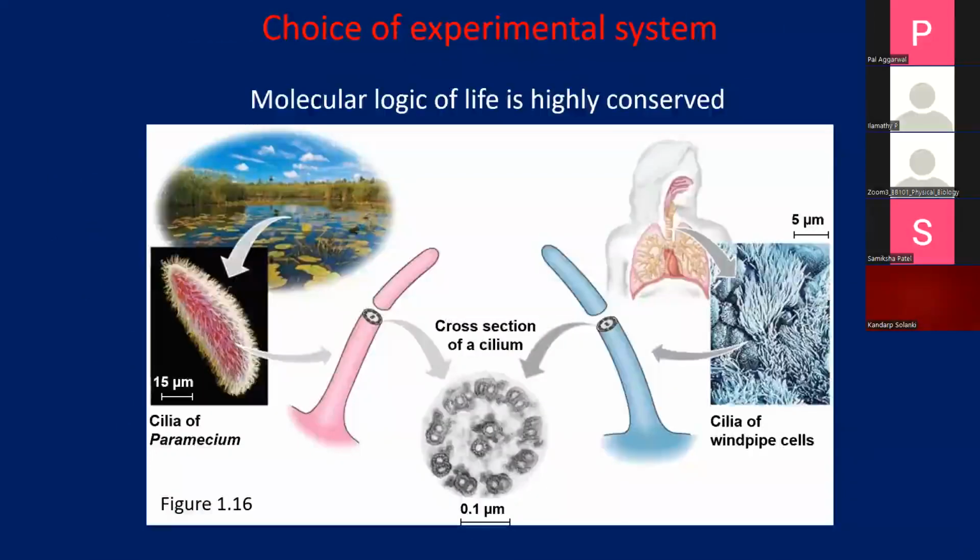Overall, the cytoskeleton structure will be very much similar. But at the minute level, if you want to study that, what might happen is the amino acid sequence of the polymer differs.